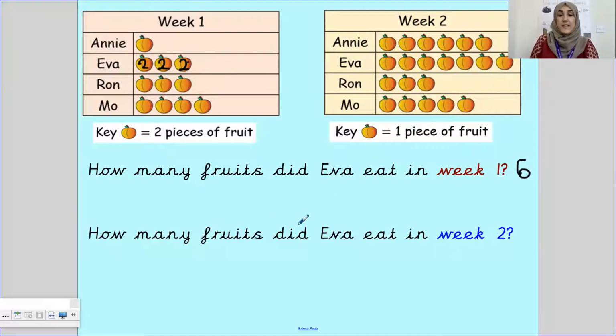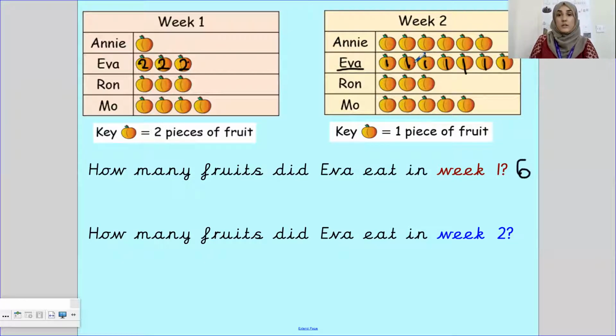How many fruits did Ava eat in week 2? So again, let's find Ava. She's the 2nd one down. Now remember, I'm looking at the key, and in week 2, each symbol represents 1 fruit. So that's 1, that's also 1, that's also 1, that's also 1, that's also 1, that's 1, and that's 1.